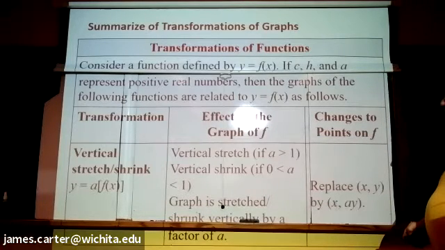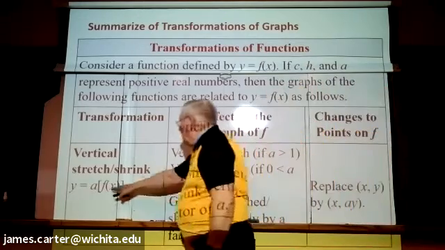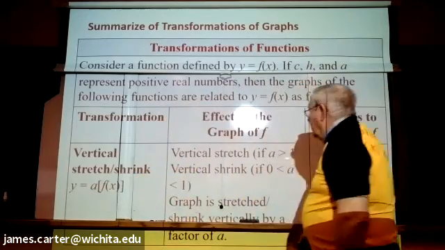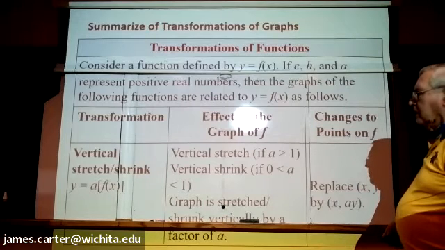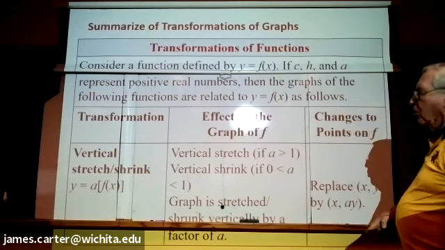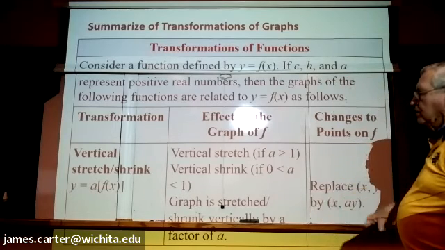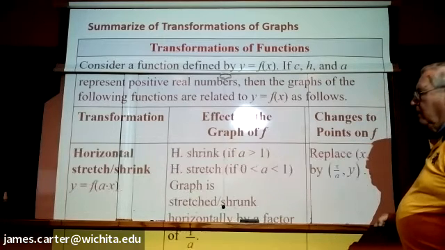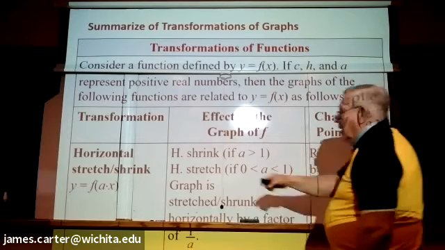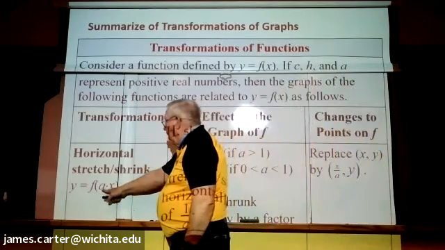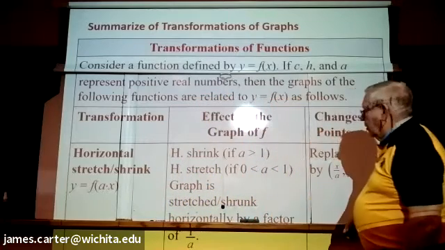Okay, if we're doing a vertical stretch or shrink, if this is a whole number, basically it gets taller. If that's a fraction, it gets shorter, it shrinks. This one, a horizontal one, goes to the reciprocal.